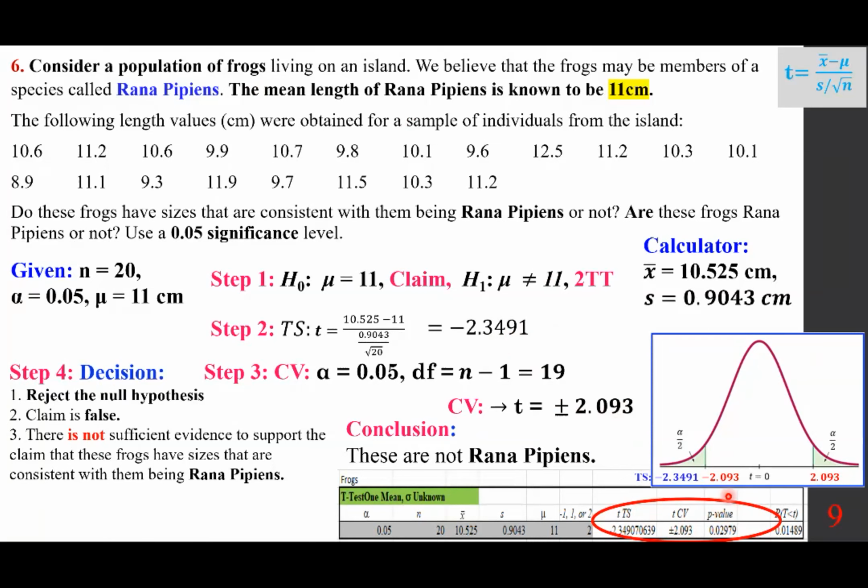Look at the p-value. The p-value is 0.02979, which is less than alpha of 0.05. So think about this as 0.03, less than 0.05, and that means reject the null hypothesis, which is the same decision we've already made.